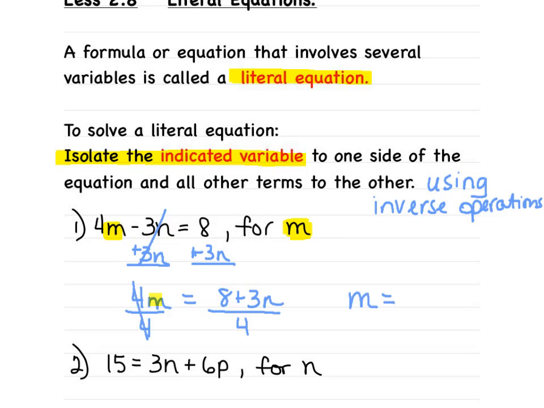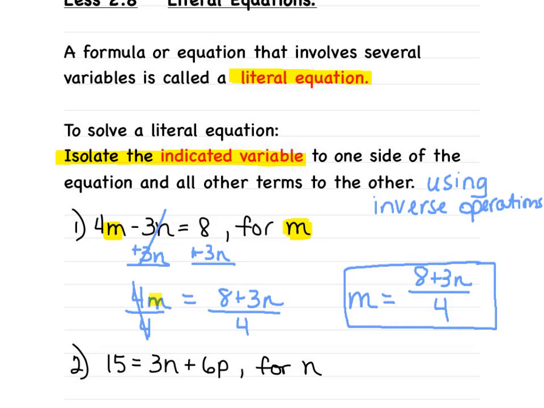M equals 8 plus 3n over 4. And that is my answer. There's nothing else that I can simplify on the right-hand side of that equation, and the variable that was indicated is alone on one side of the equation.